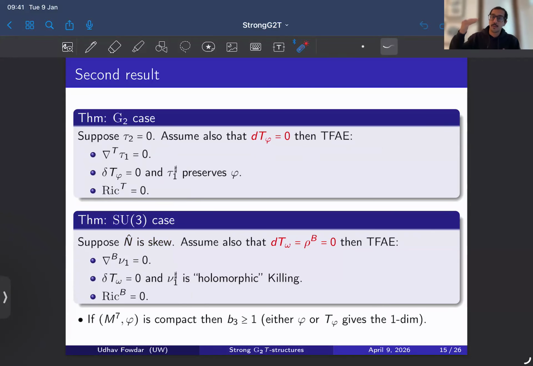In particular, if you ask that there exists a strong G2 structure with vanishing Ricci tensor, and the manifold is compact, then either the torsion form, or the G2 4-form, would have to be harmonic. So in particular, this will have to define at least one element inside the third cohomology group. So typically, there's an obstruction for which 7-manifold can admit such a G2 structure with torsion. Okay, so topologically there's some obstruction.